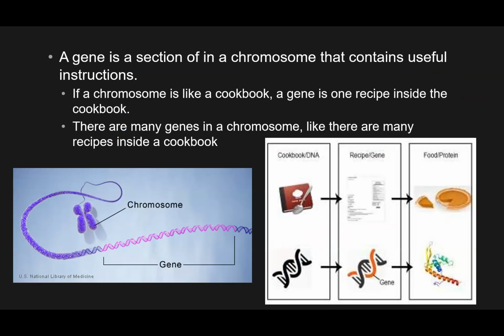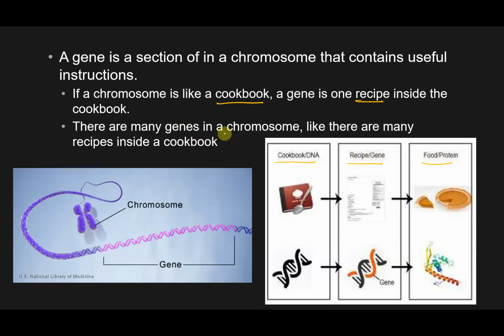Okay, and if we go back to our analogy, remember that a chromosome is like a cookbook. It has many, many recipes in it, and the gene itself is one of those recipes. So the cookbook is like a DNA strand, and within the cookbook we have recipes, and our genes tell us how to build proteins, just like a recipe tells us how to build food.